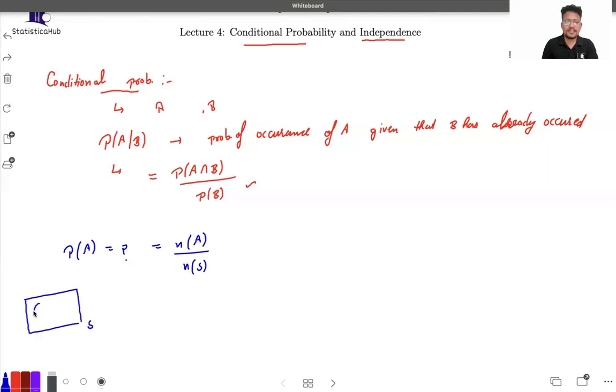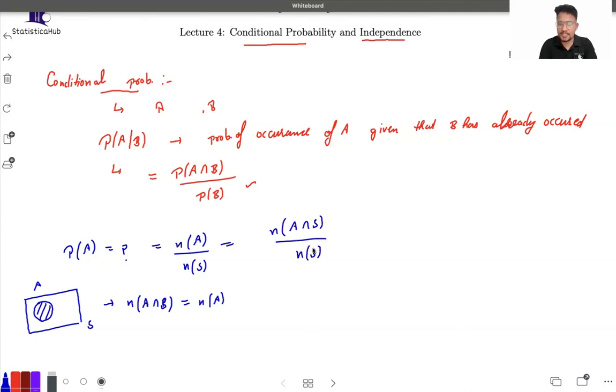A is the event that is occurring at this place. Can you think about what is the number of elements that are common in A and the sample space S? That will be simply the number of elements in A, because that is the only common part in both of them. So I can simply write this as the number of elements in A and S divided by the number of elements in the sample space.